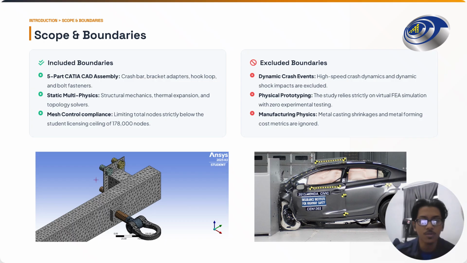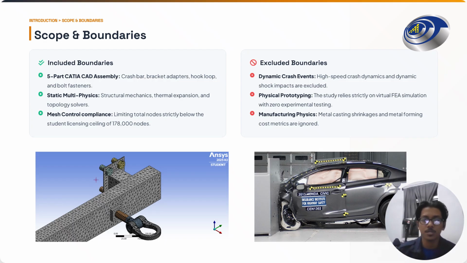We are also focusing on static multiphysics, which is structural mechanics, thermal expansion, and topology solvers. The third one is mesh controlling compliance. By doing so, we limit total nodes strictly below the student licensing ceiling of 178,000 nodes.